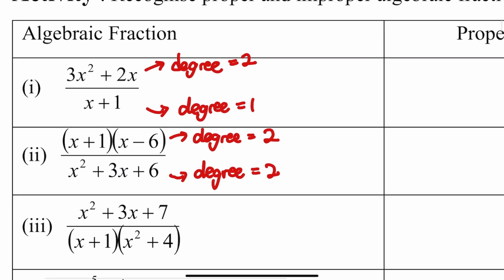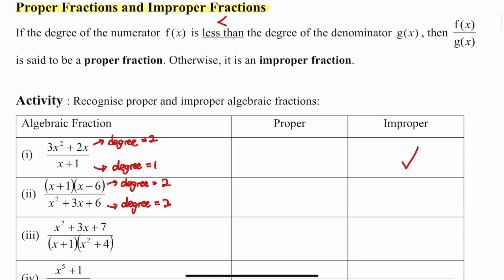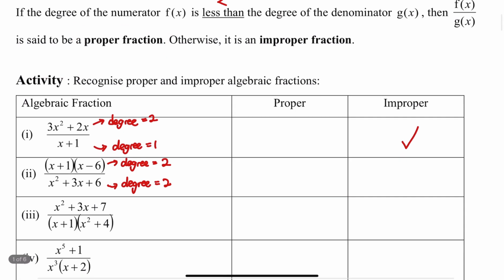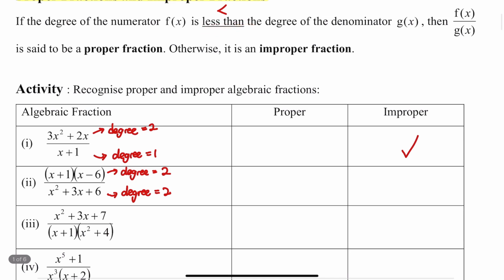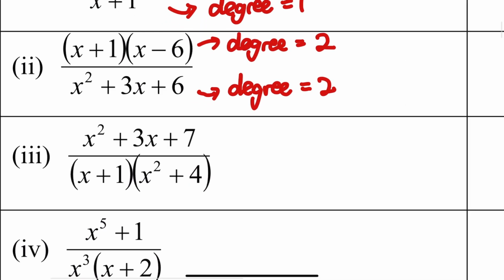So I go back to the definition again. If the degree of the numerator is less than the degree of the denominator, it is a proper fraction. Over here, the numerator and denominator degree is the same. It is not less than, so part 2 is still an improper fraction. Let's look at part 3 now. I have this fraction over here.